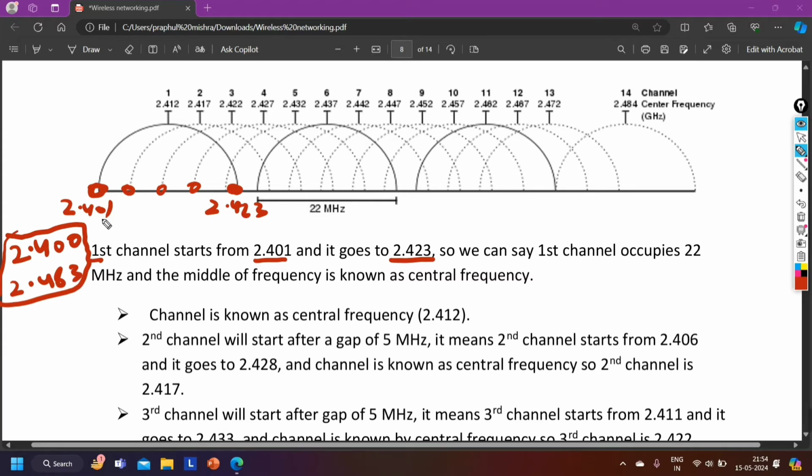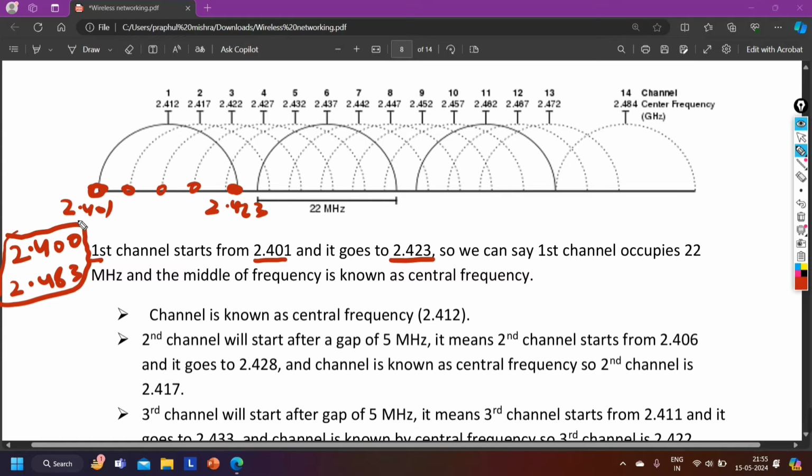That means first channel is occupying how many frequencies? It's occupying 22 megahertz, right? Because you can see now starting point is 2.401, ending point is 2.423, means there are 22 megahertz.